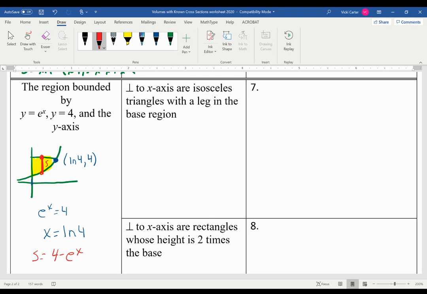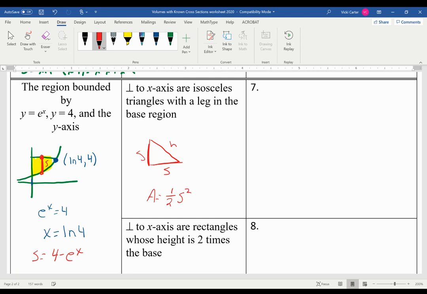We have cross sections perpendicular to the x-axis that are isosceles right triangles. Oops, I left the right out, sorry. With a leg in the base region. So this is going to be S, this is going to be S, and this is going to be your hypotenuse. So our area of that is basically half of a square. So the area is 1/2 S squared.